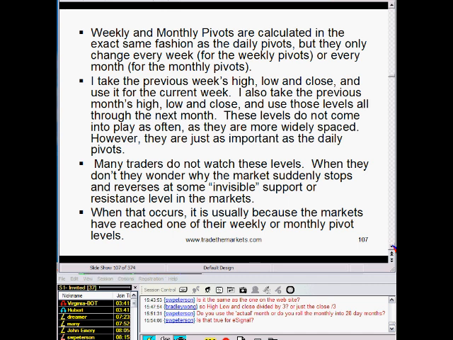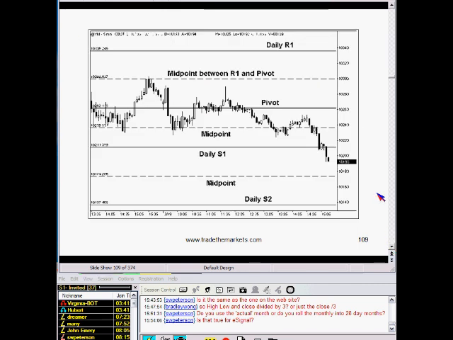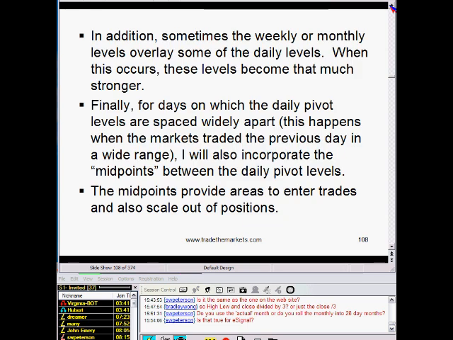And you're going to look at that and wonder, gosh, what did it do? I mean, the markets were going fine, and all of a sudden they just changed direction. Well, most of the time it's because it hit a monthly or weekly pivot. And if you don't know where they are, you're going to be baffled by certain times when the market turns. So that's why you want to calculate those. So this is what will happen here.